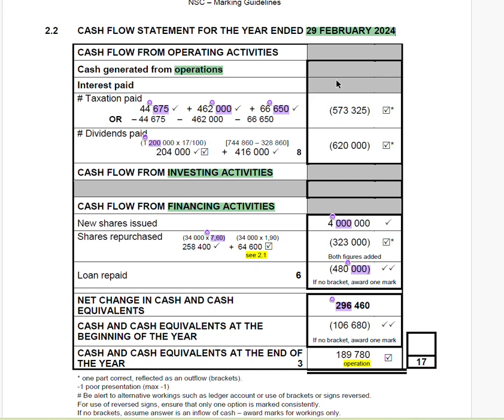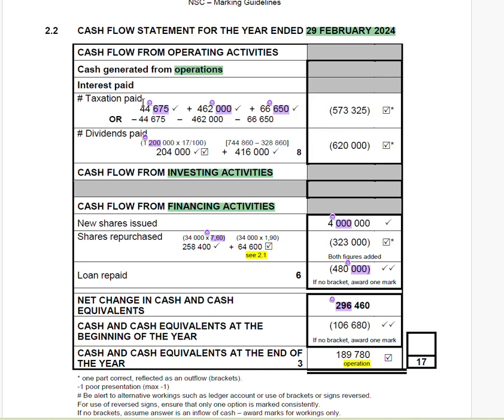Other than that, there's no additional information about interest paid. And it's also not a big concern for us not to know information about interest paid because we have already been provided the net changes in cash and cash equivalent. So let us look at the information from which we can ascertain the amount of cash paid or cash receipt.